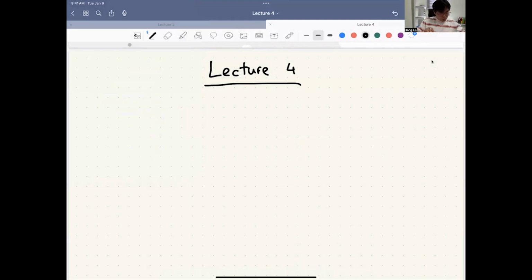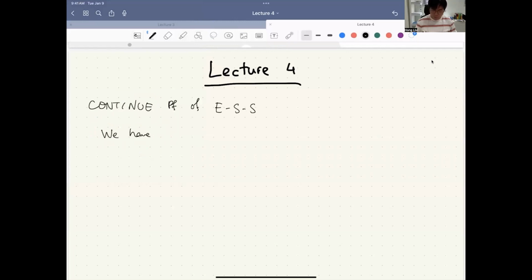So what we're going to do, we want to prove that, recall, what we have now is a graph. Continue the proof of Bollobás-Erdős-Simonovits.